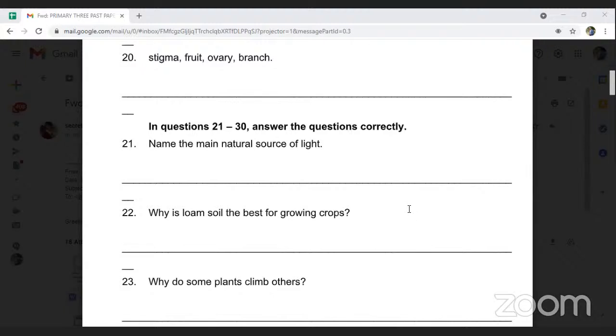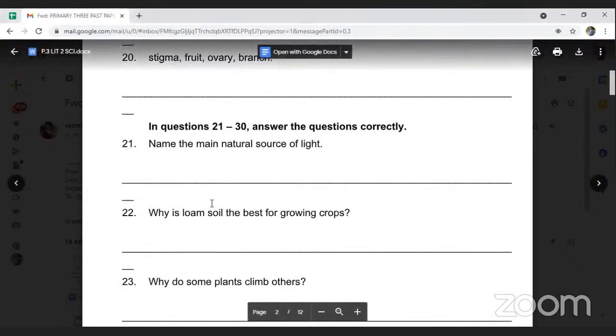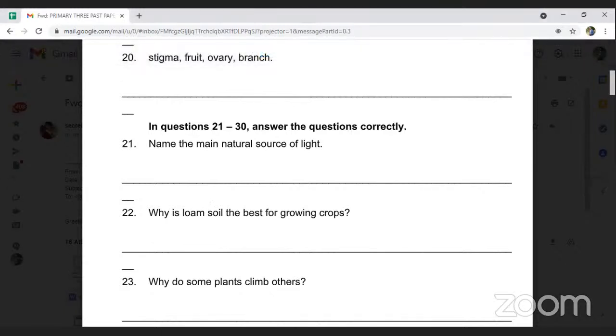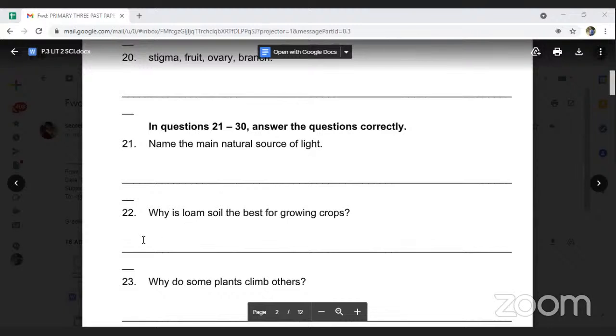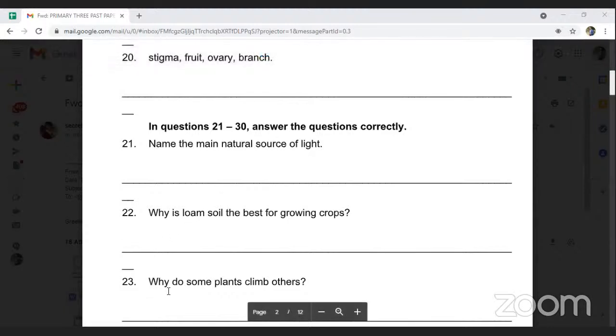Correct. Or you can also say it contains humus. If they ask you why loam soil is the best, simply say it has humus. It is the humus that makes it fertile. As simple as that. Asante is going to answer number 23.